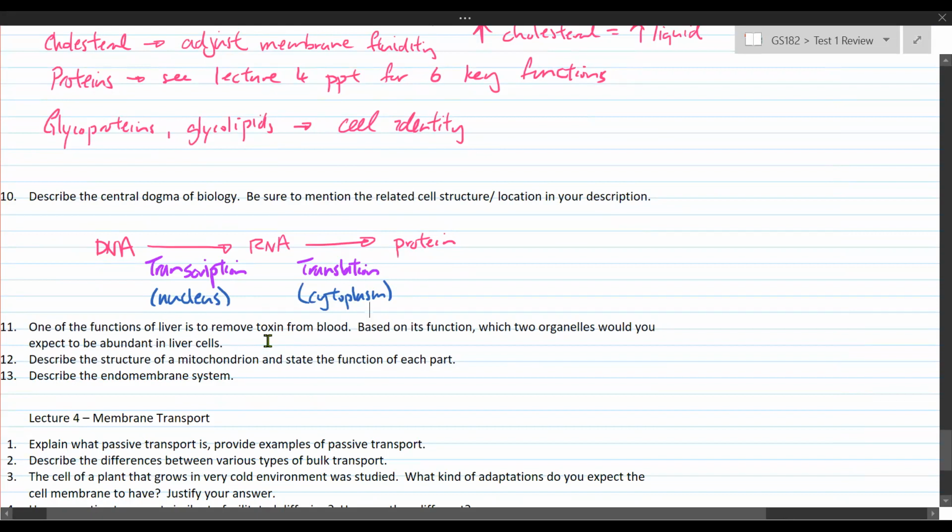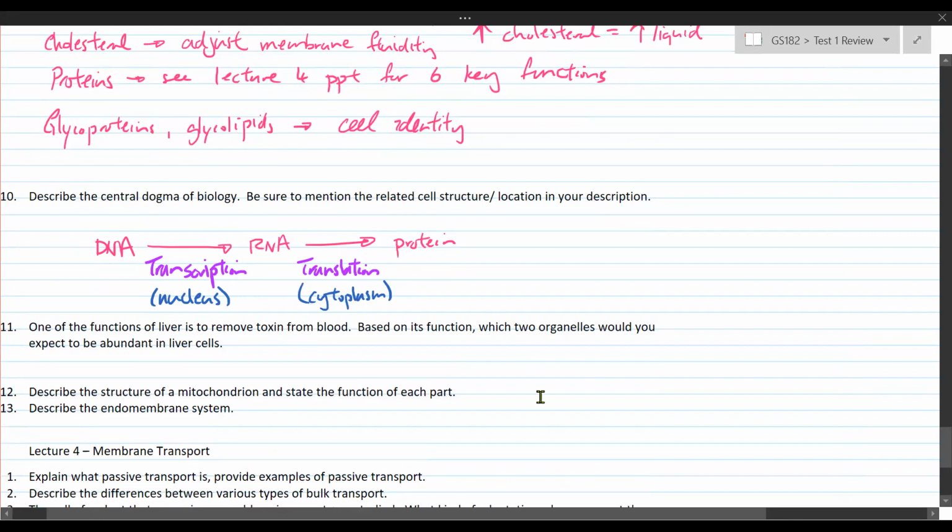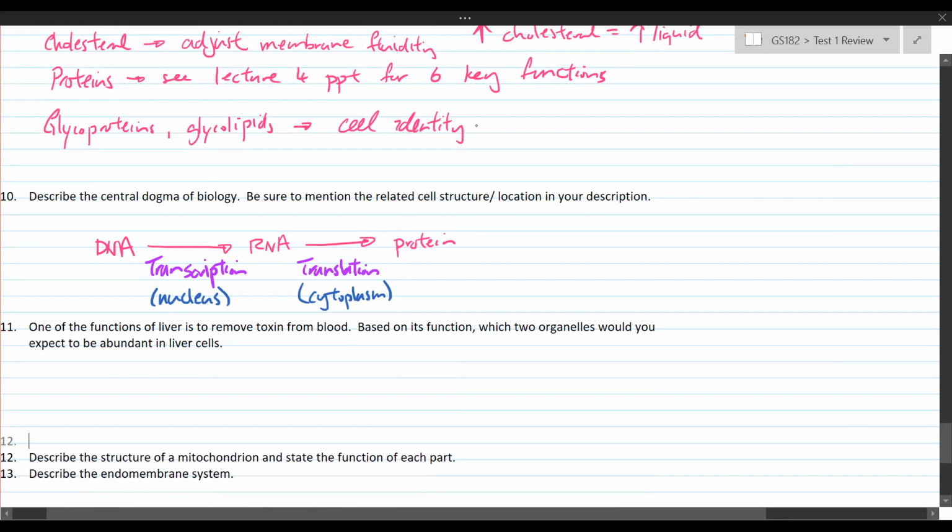One of the functions of the liver is to remove toxins from the blood. Based on this, which 2 organelles would you expect to be abundant in liver cells? Well, we have things like smooth ER for detoxification, right? What other organelle is capable of detoxifying?